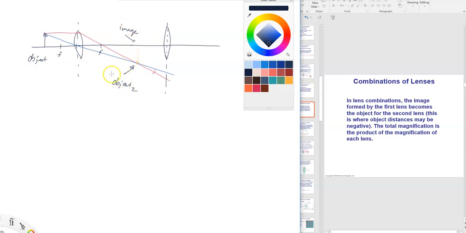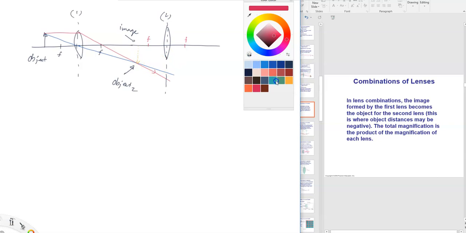This image becomes the object for the second lens. This is lens number 1, this is lens number 2. So then we can start a new set of light. Let's say this one has a different focal length, something like f and f for this lens.